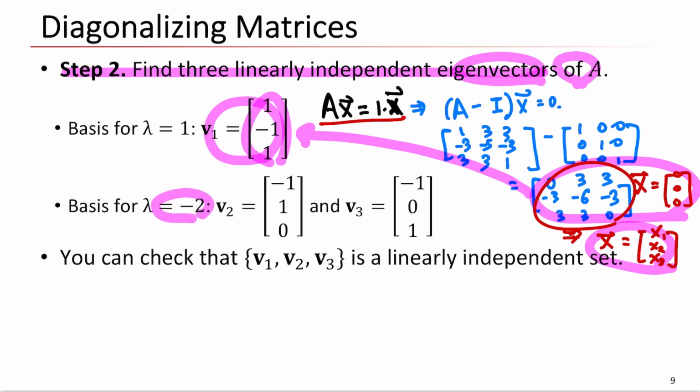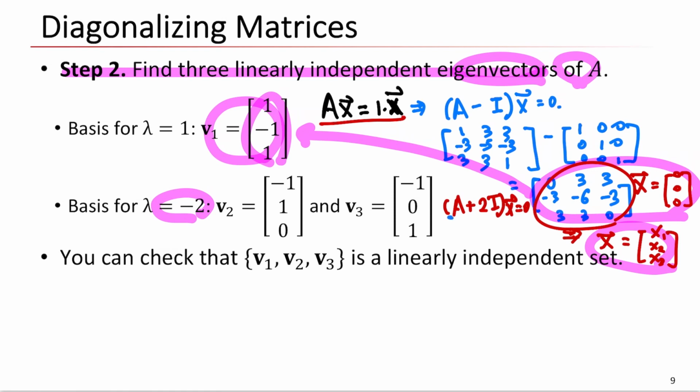What about when lambda is equal to -2? Then in this case, A plus 2I times the vector x is equal to 0, right?